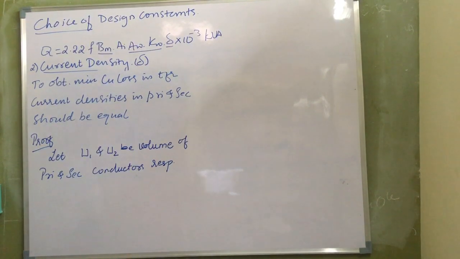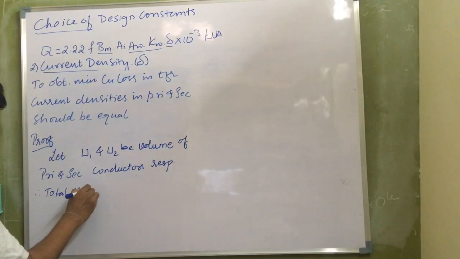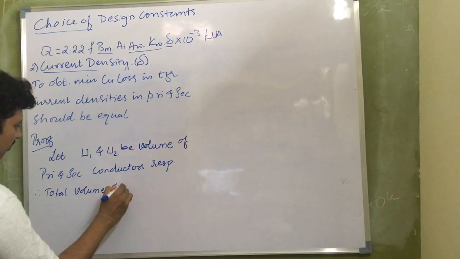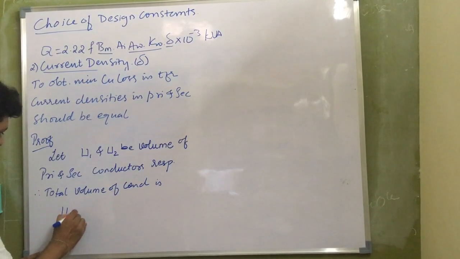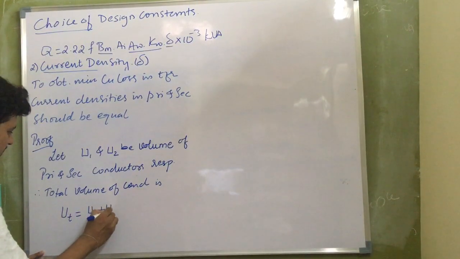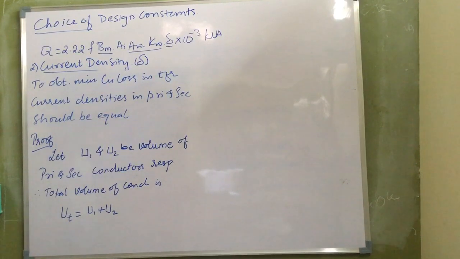Then the total volume of copper or conductor, copper and conductor both are the same, interchangeably we will be using sometimes. Therefore, the total volume of conductor is UT equals U1 plus U2.